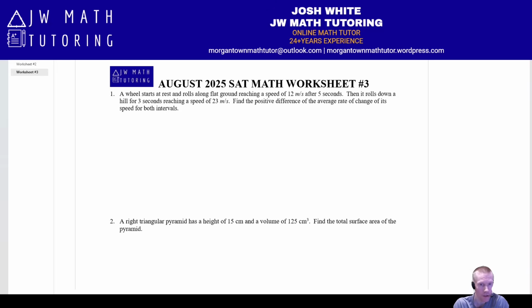I've collected these problems mainly from Reddit, but also a couple from Discord. I've tried to recreate them to make them as realistic as possible. But it's likely that if you had one of these questions on the test that you took in August, the wording might be slightly different.